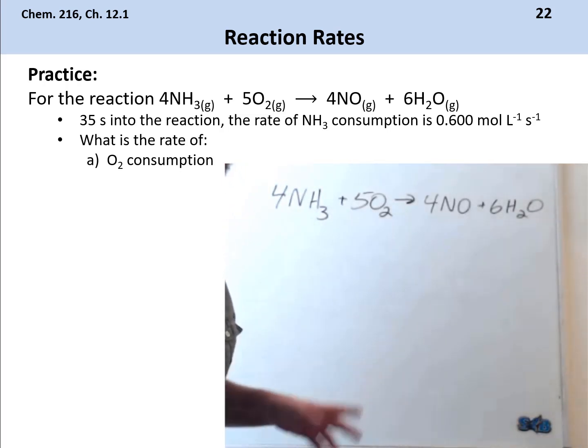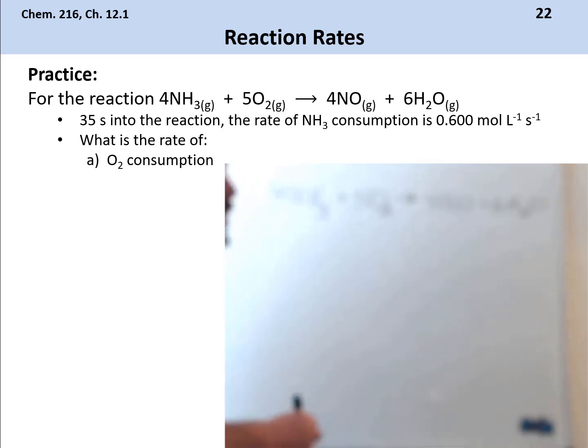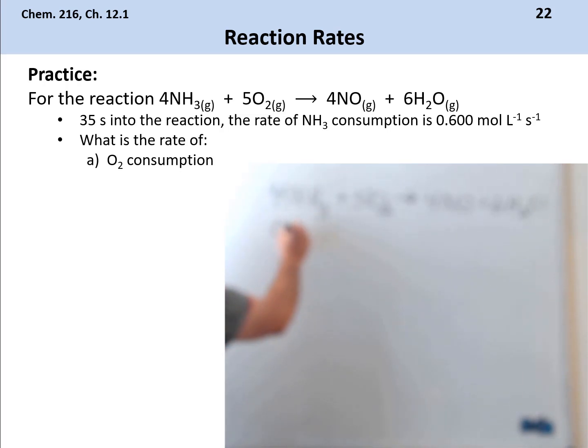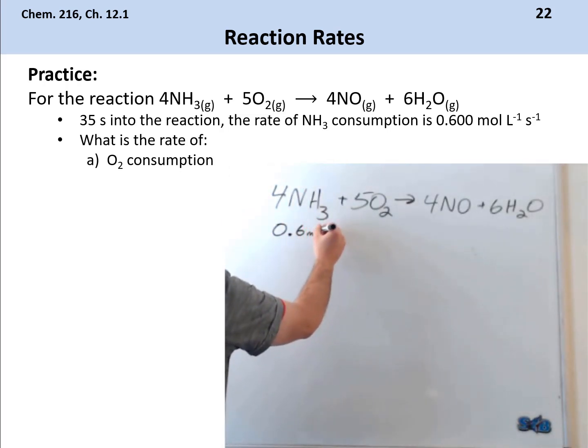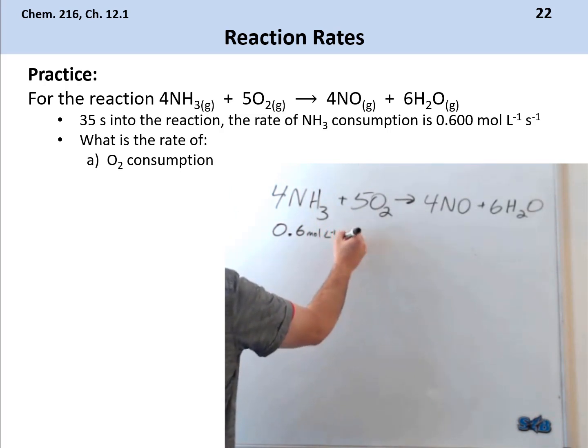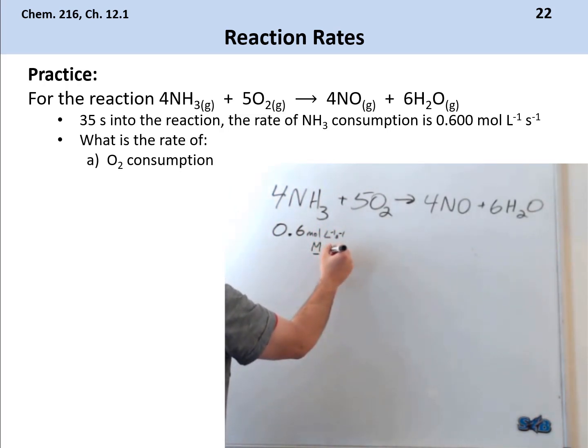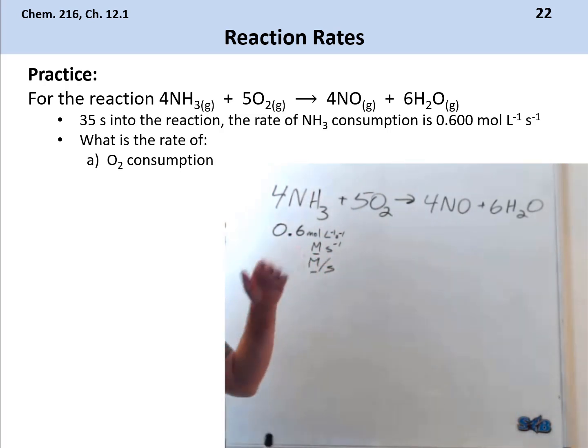They can matter in some cases, but not here. We're told that NH3 has a rate of 0.6 mol L^-1 s^-1. Remember, this is the same as molar per second. However one writes it, they all mean the same. So I want to know the rate of consumption of O2.